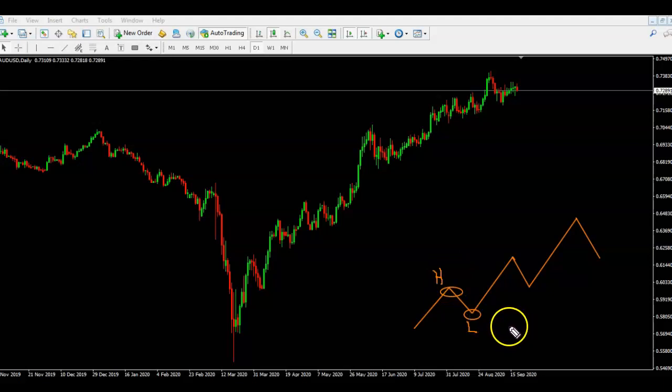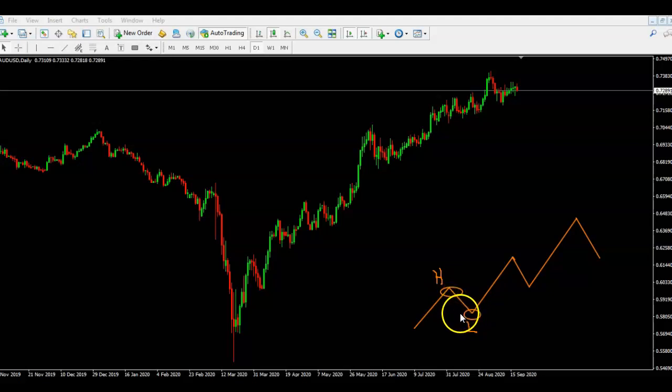Now, when the market comes, let me get a different color for this. The first thing it does is an impulse, then it does a pullback. A lot of people say that when you're going in an uptrend, this is called a retracement, but let's all call it a pullback so we don't get confused.